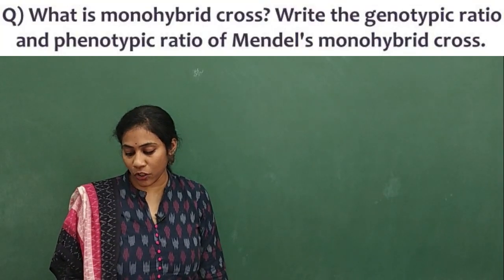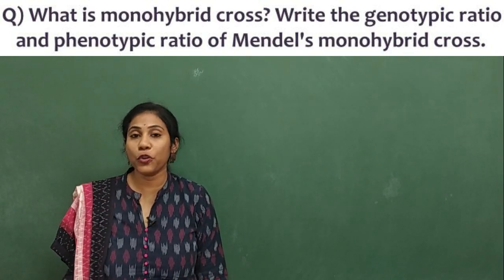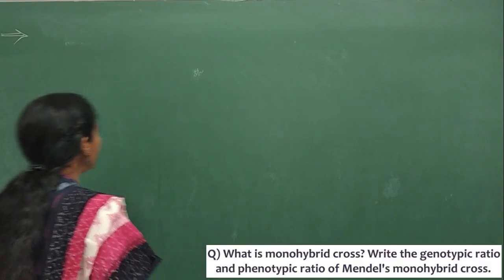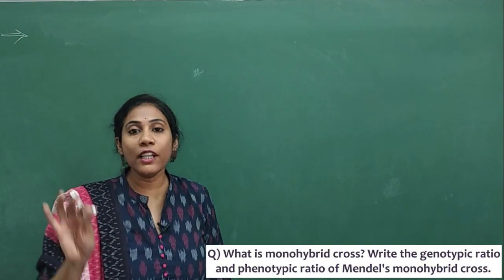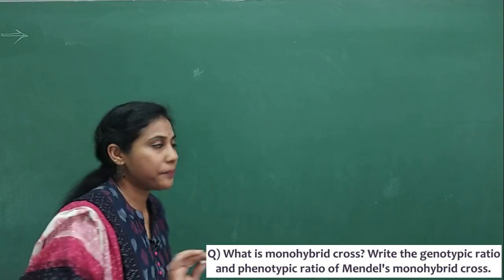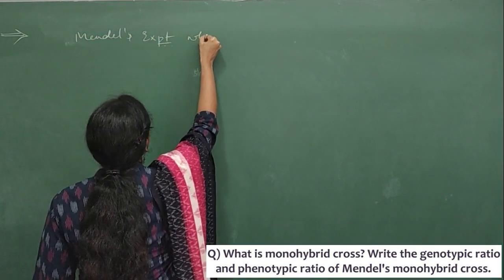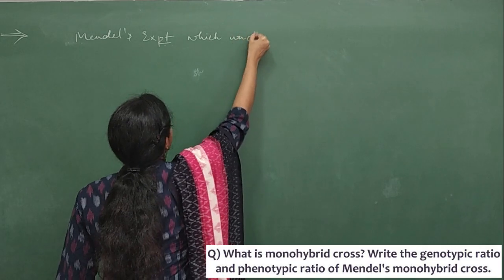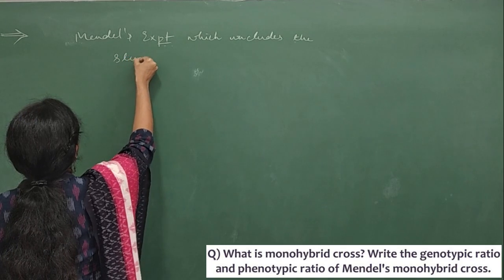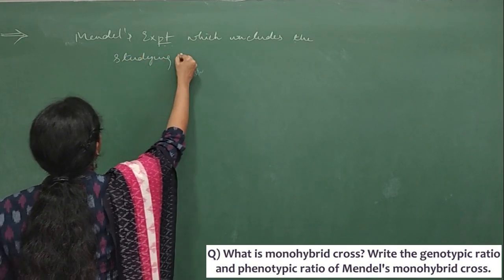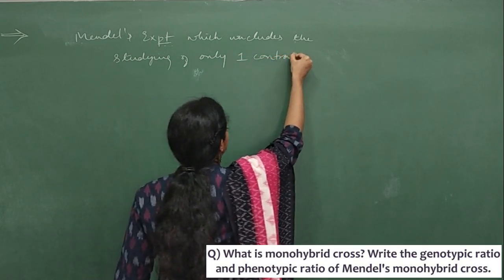What is monohybrid cross? Write the genotypic ratio and phenotypic ratio of Mendel's monohybrid cross. Monohybrid cross is nothing but Mendel's experiment which is studied by taking only one contrasting character. Isn't it? So Mendel's experiment which includes the studying of only one contrasting character, isn't it?